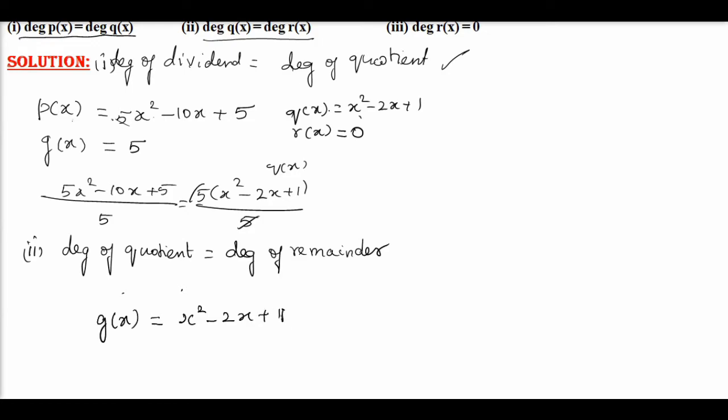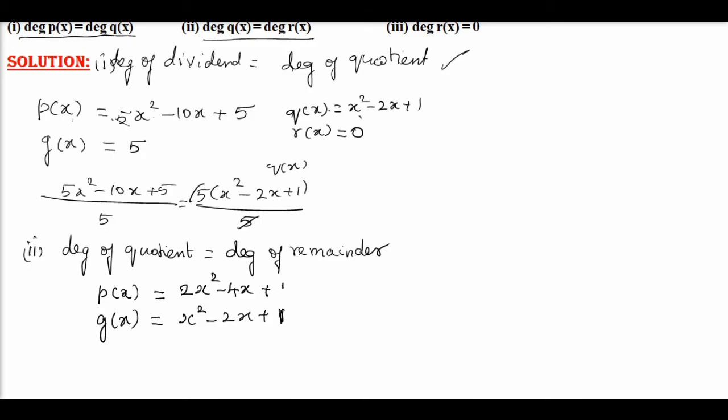Alright. Now let me take p(x) by multiplying a common term to this polynomial, that is g(x). Suppose let me multiply this g(x) by some 3 or 5 or 2, anything. So let's multiply. I take 2x square minus 4x, and the constant term also you can multiply, otherwise the constant term alone you can change.